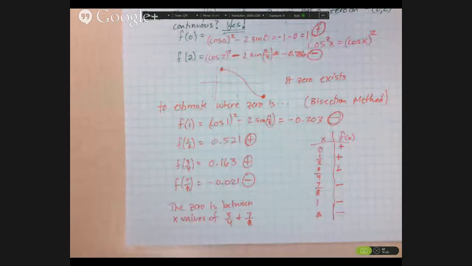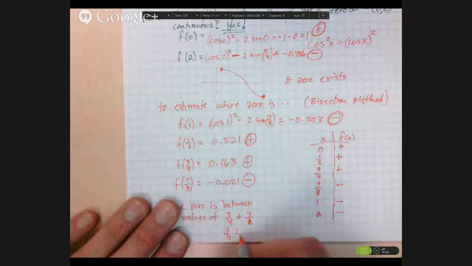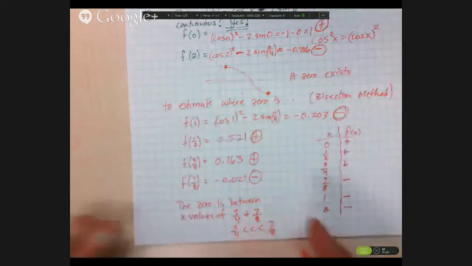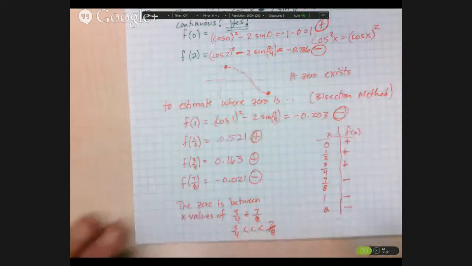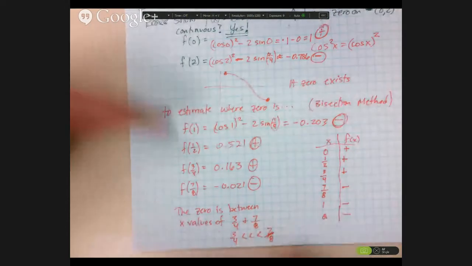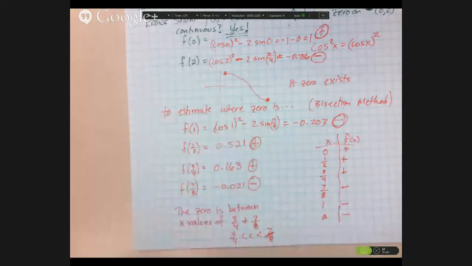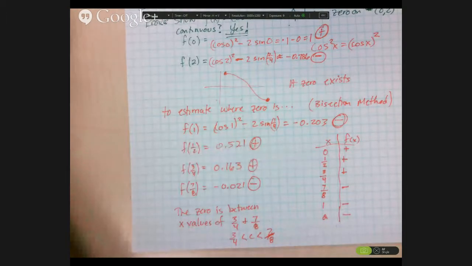Or you could say something like that. There are lots of ways to say that, but the key is to stay organized. So if you draw it in a table, it does help. So you get the idea of the intermediate value theorem. Points exist on continuous functions.